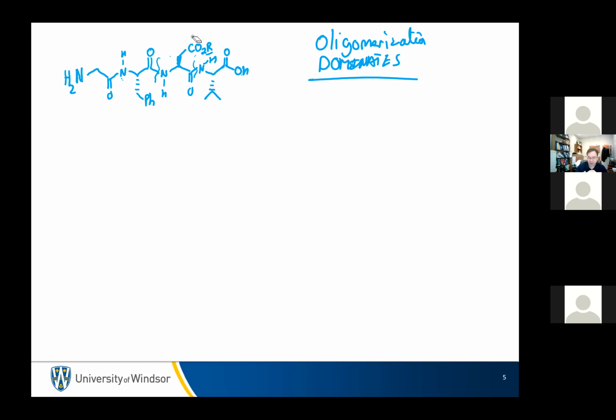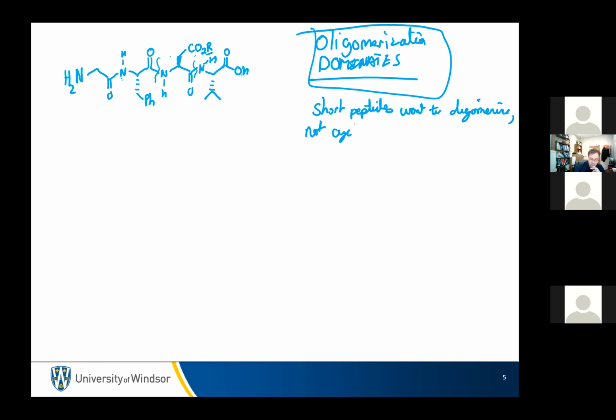I think fundamentally, this is the problem. Short peptides want to oligomerize. Not cyclize.